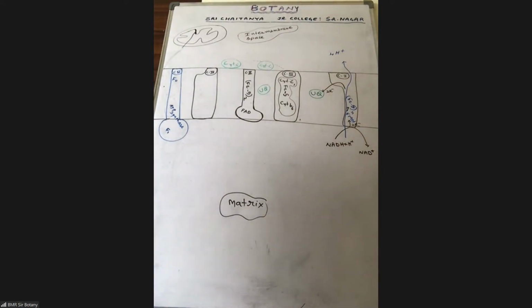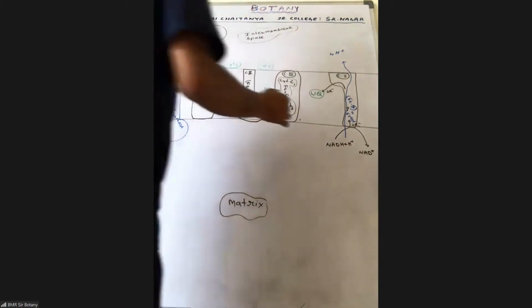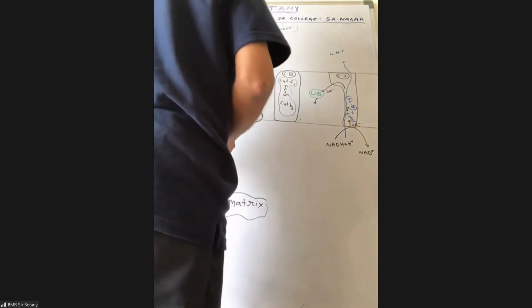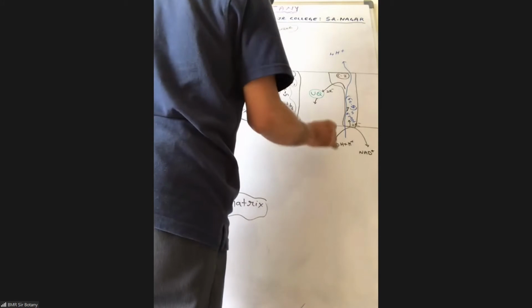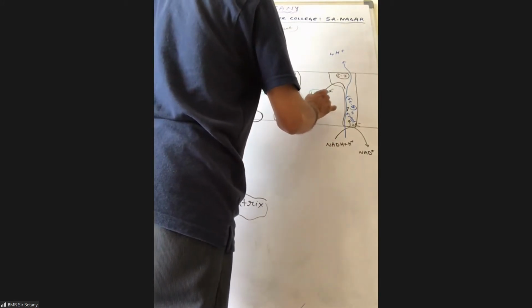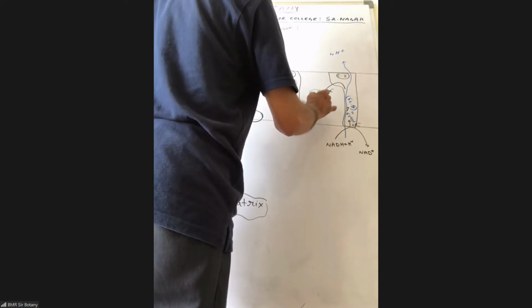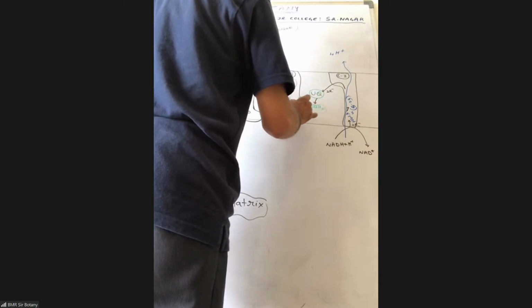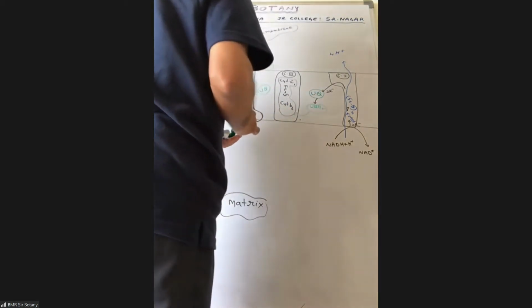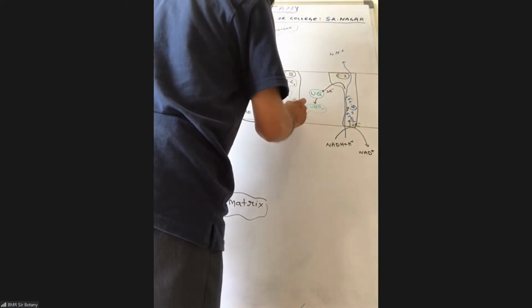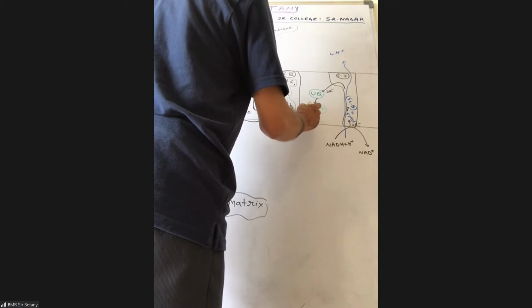So ubiquinone accepting those 2 electrons will actually become UQH2, reduced form, with those electrons and protons from here. Then it will undergo oxidation by transferring 2 electrons to whom? Complex 3.